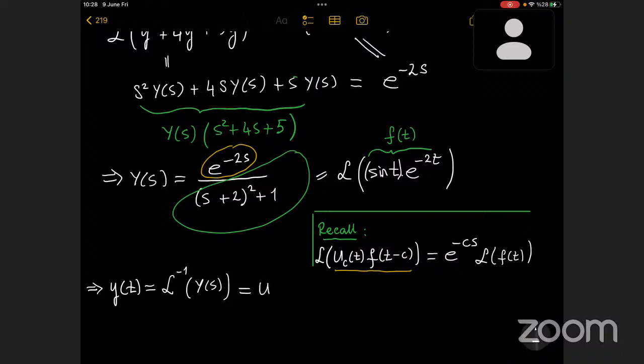Dolayısıyla u_2(t) f of t minus c. Sin t minus 2 e to the minus 2 t minus 2.